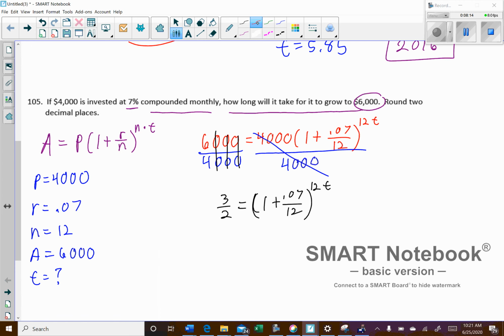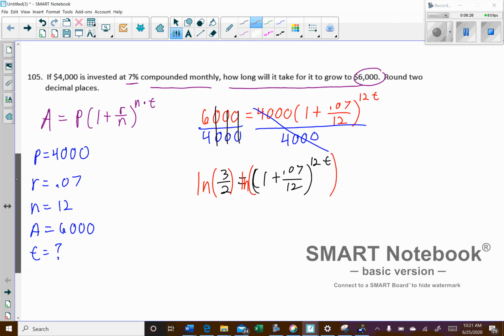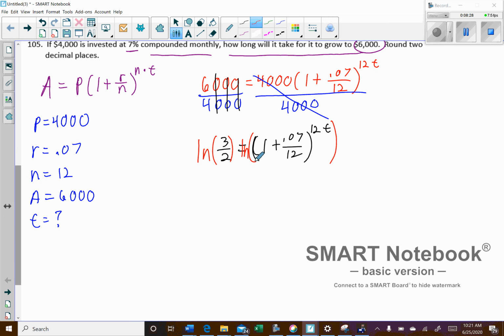So what I'm going to do, like the previous problem, is take the natural log of both sides. In this case, that's not going to cause this to simplify into the exponent, because my base is not e, and that's not the same as this value right here.